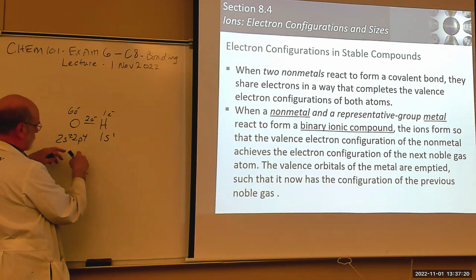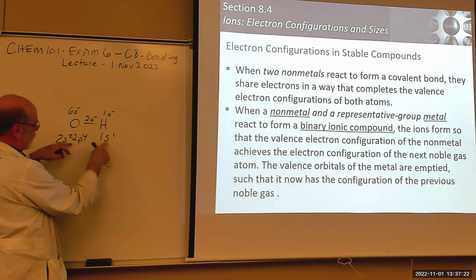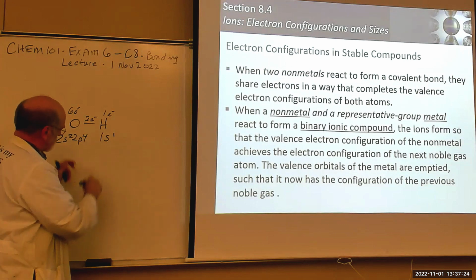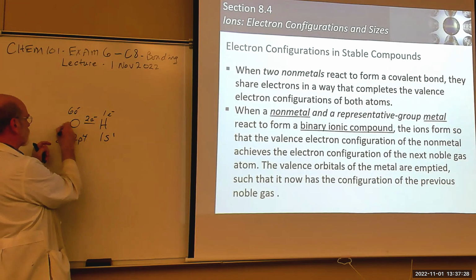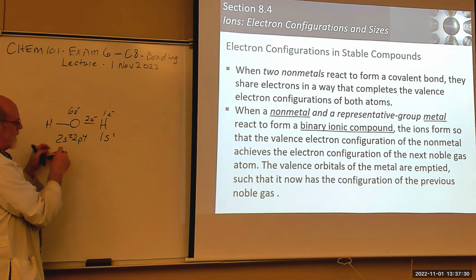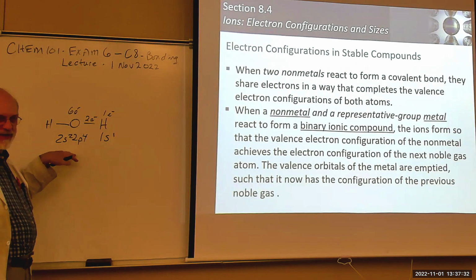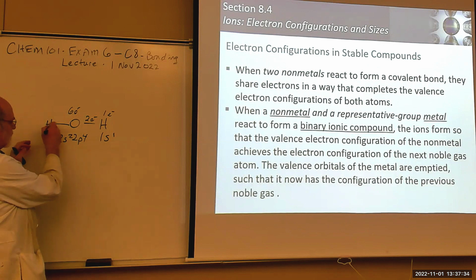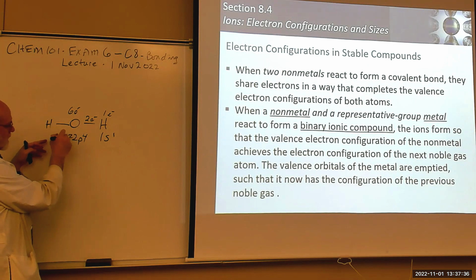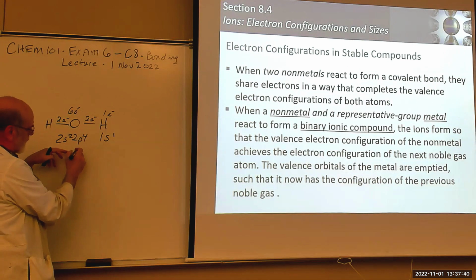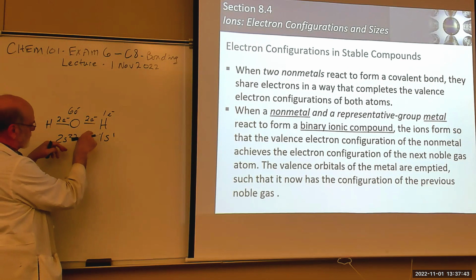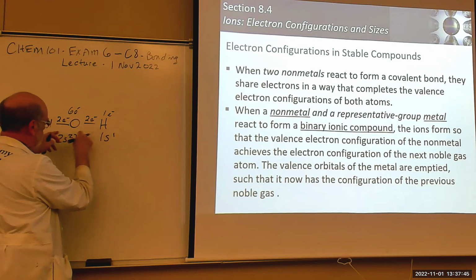Now, if we add them together, that's 6 and 1 is 7. But this one goes over here. Well, actually, there are 2 of them. Right? We can't complete oxygen with just 1 hydrogen. We need the other one. So from this one, we get an electron here and the next one here. So that makes it P6. And we get 1 electron here, makes that one 2, and makes this one 2.